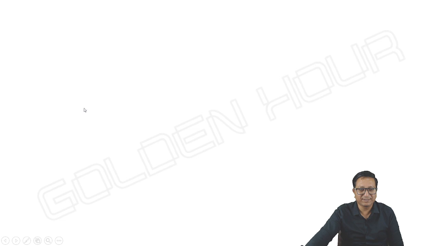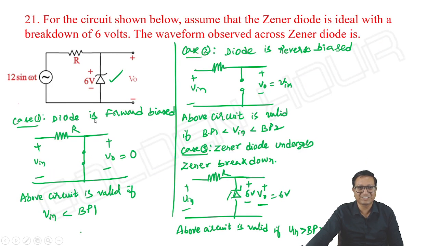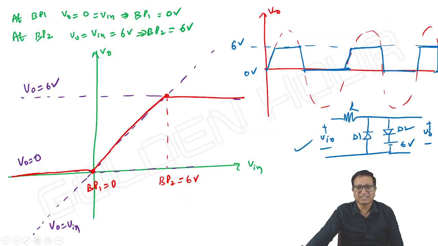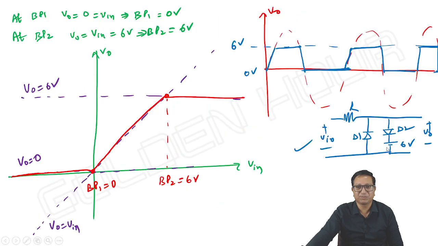If you see this circuit, yes, the diode is upwards, D2 and 6 volts. Instead of 6 volts, what do we have there? 5 volts. And here the diode is ideal. We got the transfer characteristics like this, right? Actually, we have only one Zener diode. This circuit gives the same transfer characteristics as this one, or this circuit will give the same waveforms.